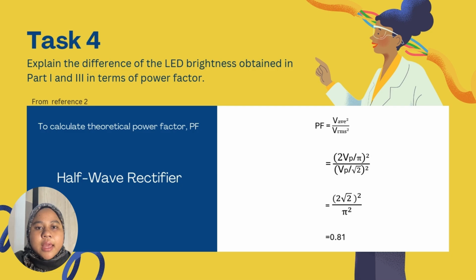Task 4. The question is, explain the difference of the LED brightness obtained in part 1 and part 3 in terms of power factor. From reference 2, we observe that the formula to calculate the theoretical power factor is V average squared over VRMS squared.